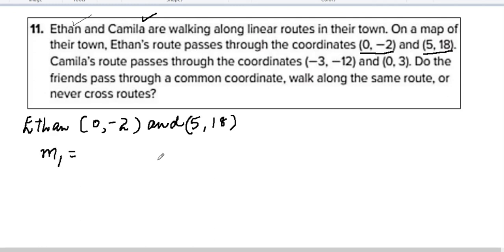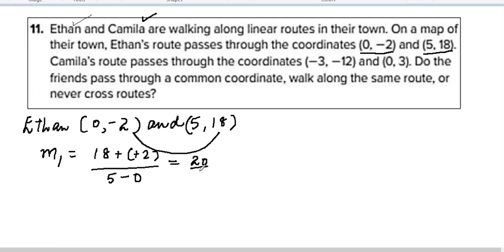You know the formula of the slope: y2 minus y1 over x2 minus x1, so 18 minus -2 over 5 minus 0. Minus minus is plus, 18 plus 2 is 20. 20 divided by 5 is 4. So this is the slope for Ethan's route.